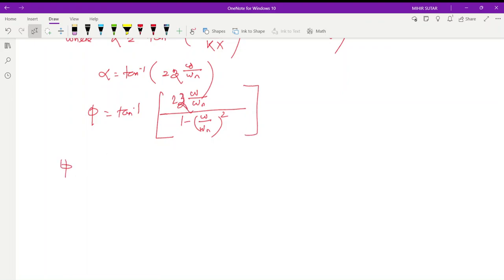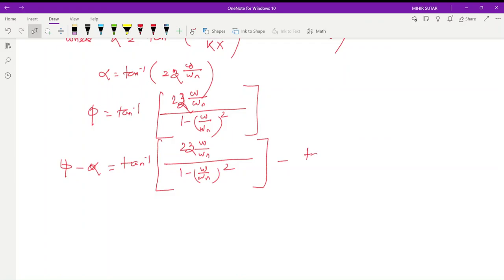So the total phase lag phi minus alpha is basically tan inverse of 2 zeta omega by omega n divided by 1 minus omega by omega n square. This is for phi, minus tan inverse of 2 zeta omega by omega n.